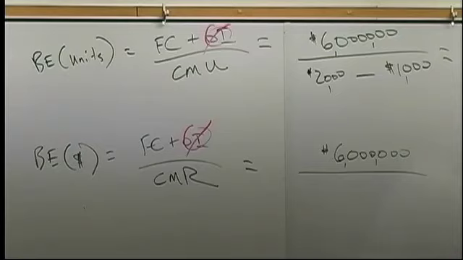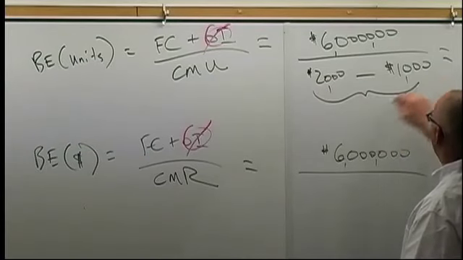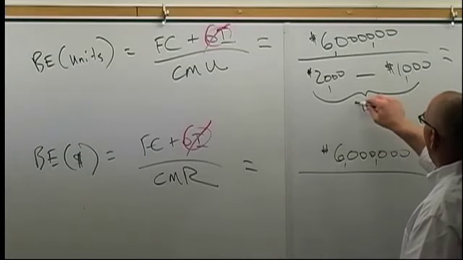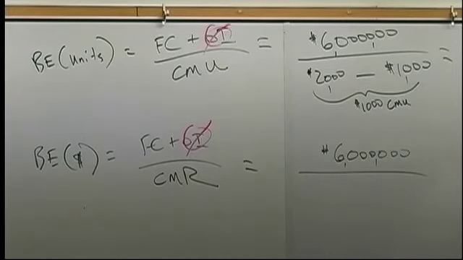Do we know contribution margin per unit? Who said yes? What is it? It's 1,000. And this is the one thing I don't like about this problem. We've got two numbers that are 1,000. But this gives us $1,000, does it not? And that's our contribution margin per unit.